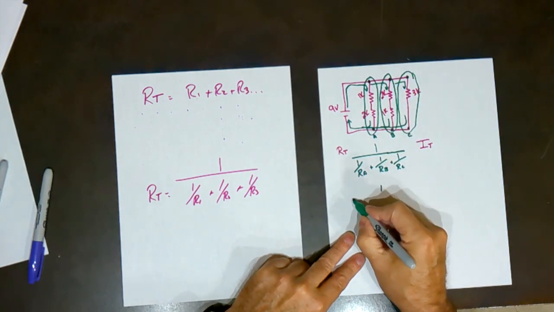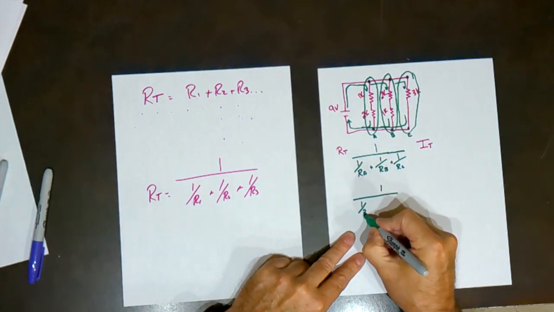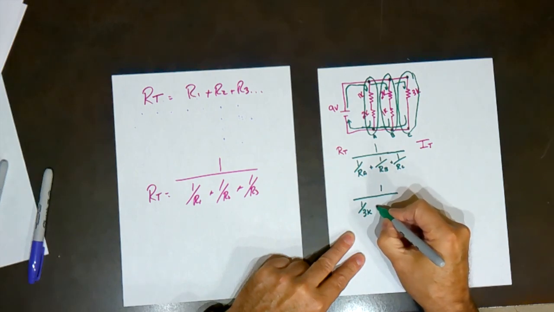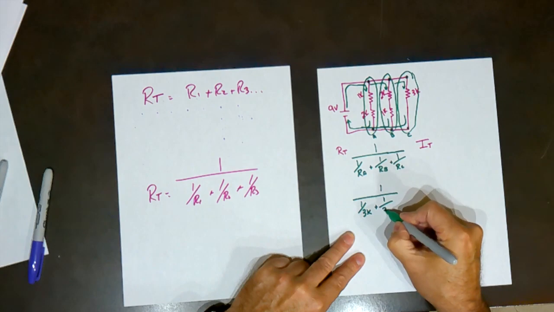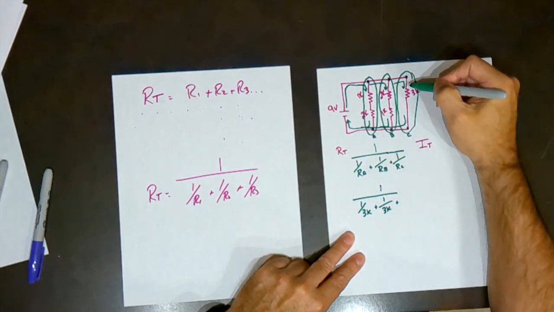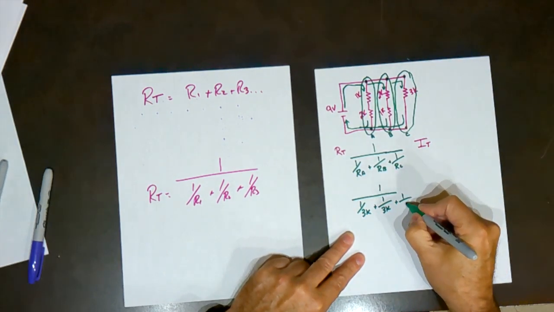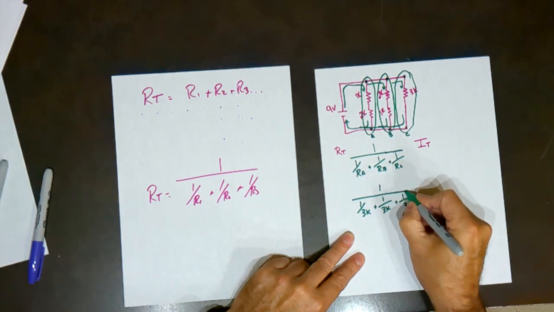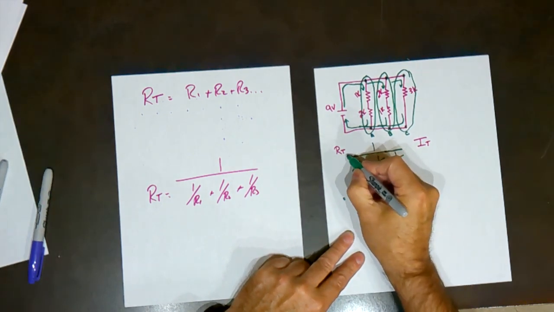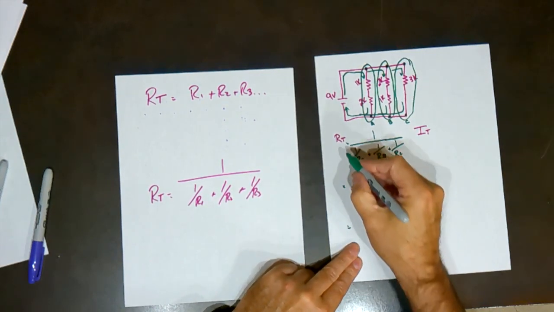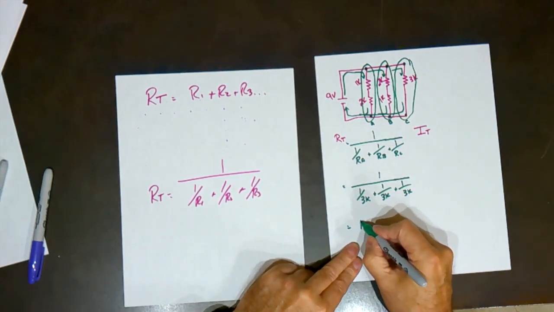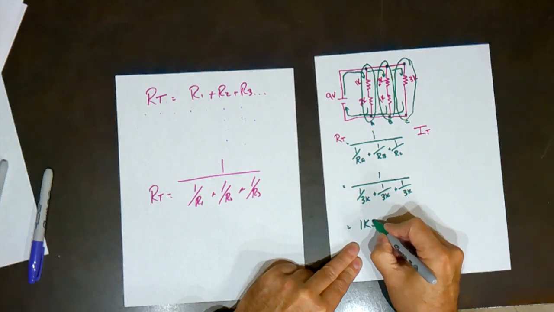So this becomes 1 over 3K plus 1 over 3K plus 1 over 3K. And if we plug that into our calculators, we're going to find R total in this circuit is equal to 1K.